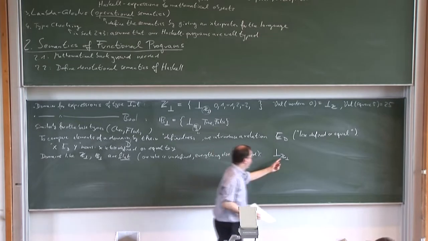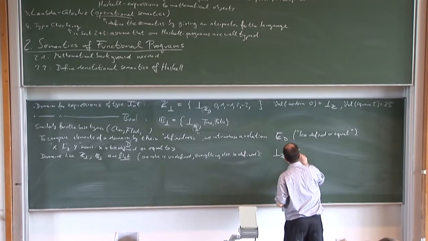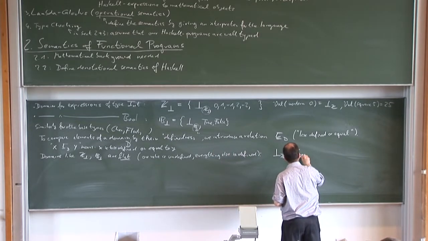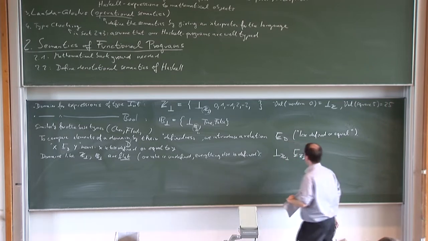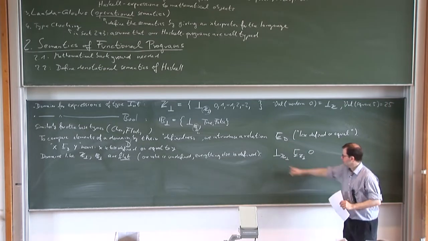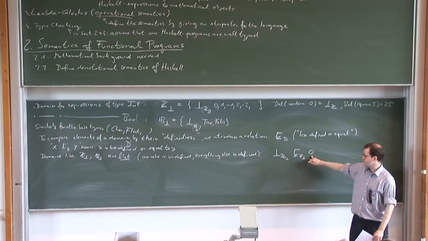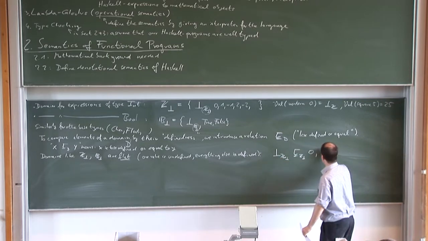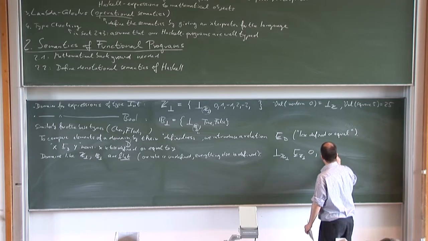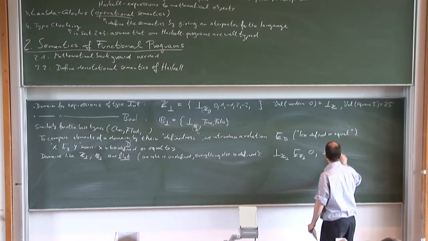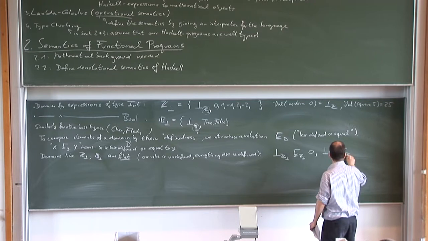So the undefined value of z bottom is obviously less defined or equal to 0. This is not defined. This is undefined, and this is defined. So this is less defined than 0, but it's also less defined than 1.